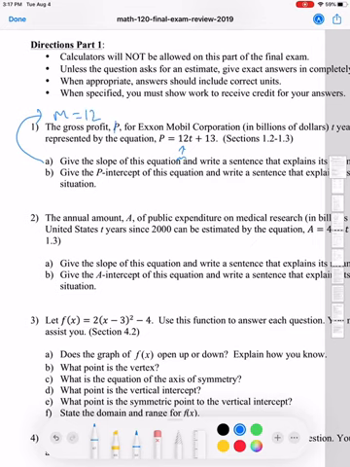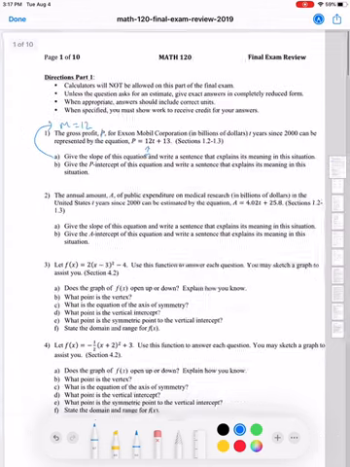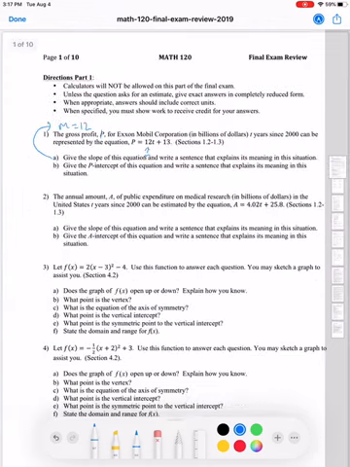So it says P is the gross profit of ExxonMobil, T years since 2000, can be represented by the equation. So that means that the slope is per year, right? And so as every year goes by, the ExxonMobil profit increases by 12 billion, okay?